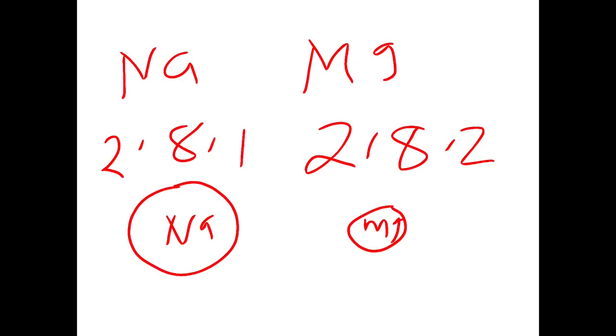The fact that the magnesium atom is comparatively smaller, its particles are able to pack more closely to each other, resulting in a structure that has a higher melting and boiling point than sodium. And automatically now, magnesium has a higher melting point than sodium.